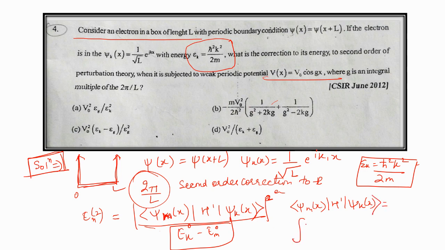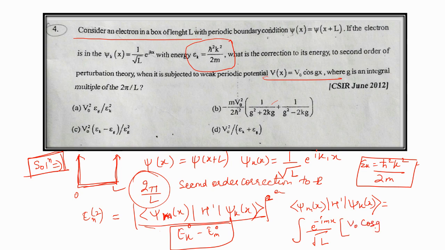Then you will get psi is e raised to the power minus iota mx root L. H will be, E won't be there. There will be V because it is subjected to weak periodic potential.